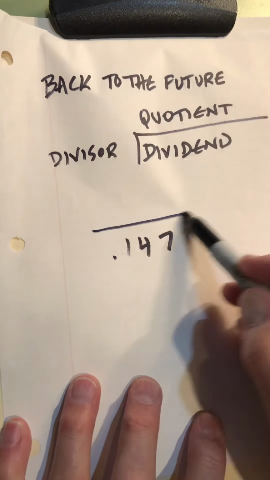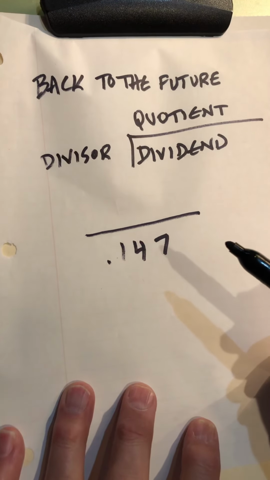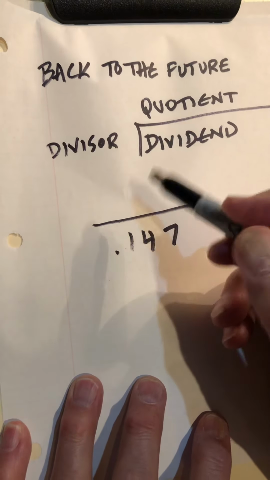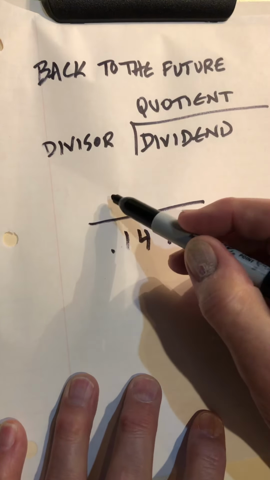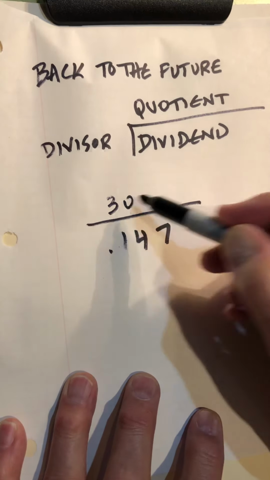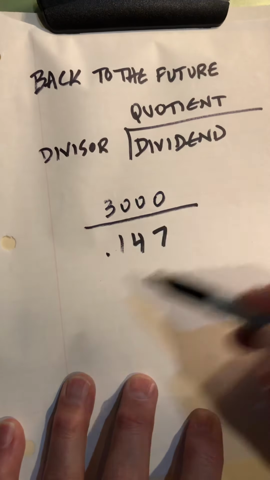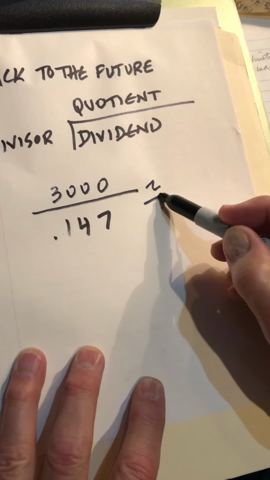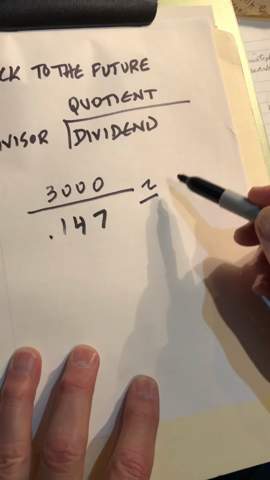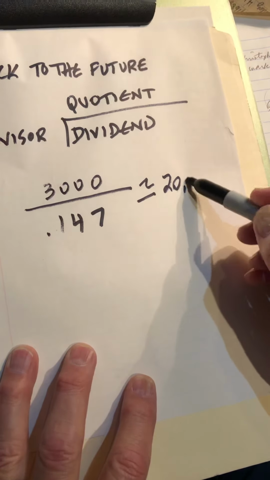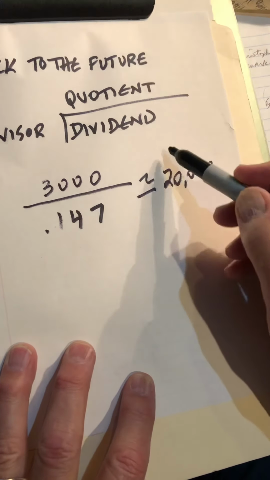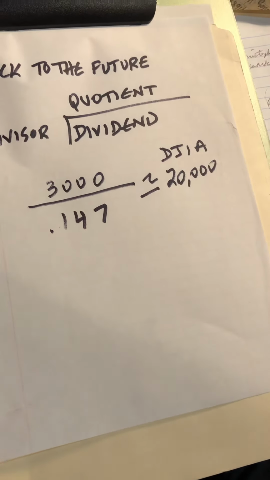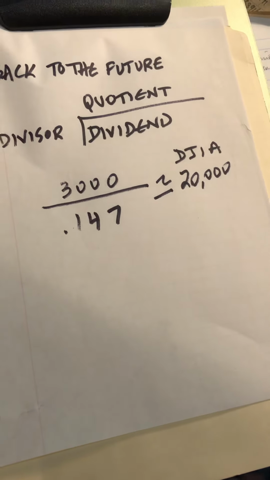So if you do 100 times the 30 stocks, what do you get? That'd be 3,000. And when you divide this by 0.147, you get roughly in the area of 20,000, which is the Dow Jones Industrial Average these days, which of course is a lot lower than we want it to be.